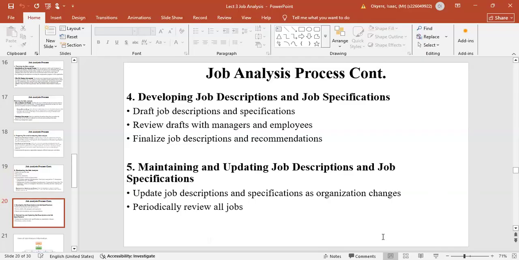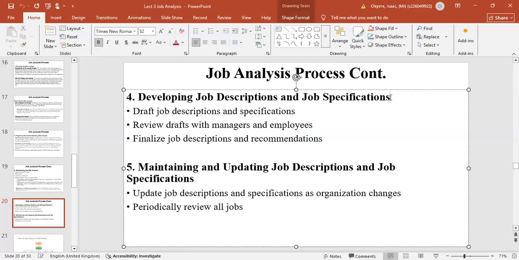You will be able to determine the qualifications that people are expected to have. So with this, you develop the job descriptions, job specifications, and there is a third one, job evaluation.